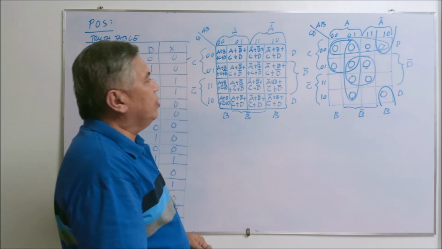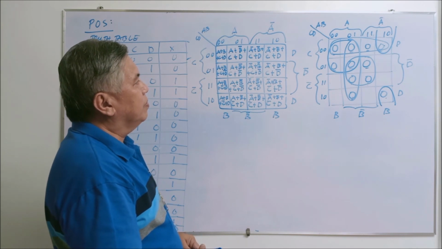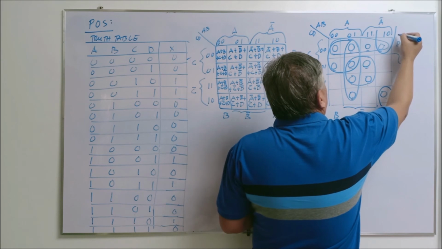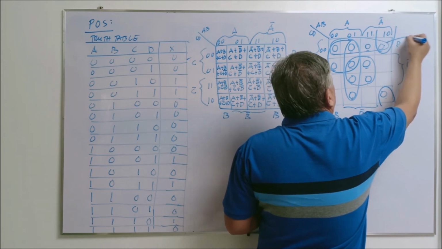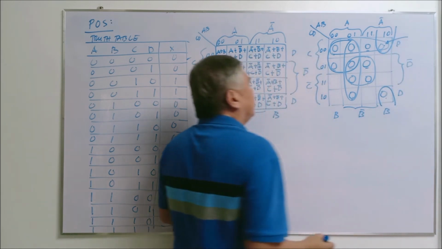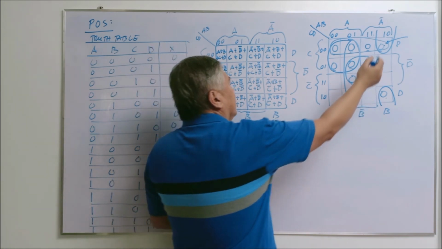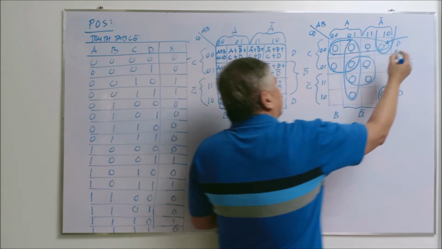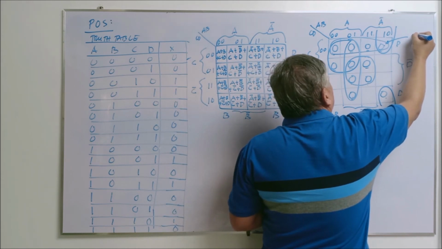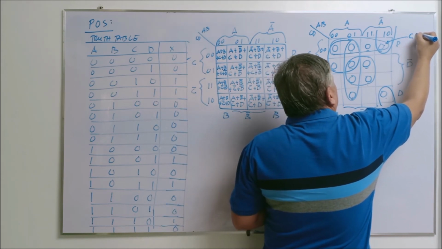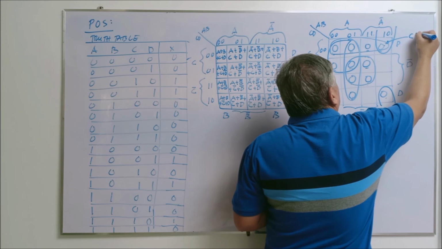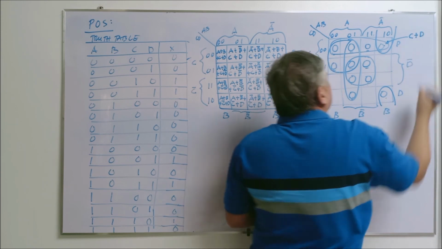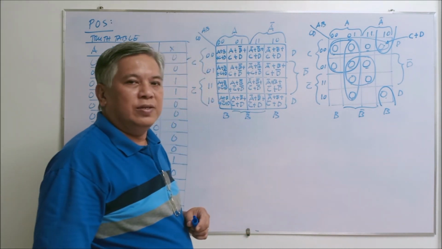Okay, so how do we obtain the equation? This line here is under C, and at the same time under D. So you have C plus D, take note, this is a sum term.